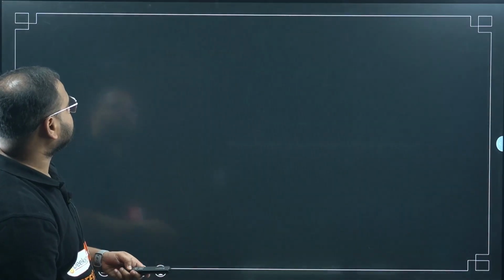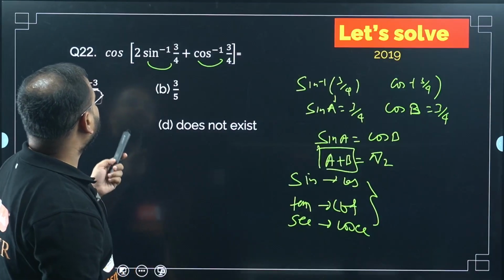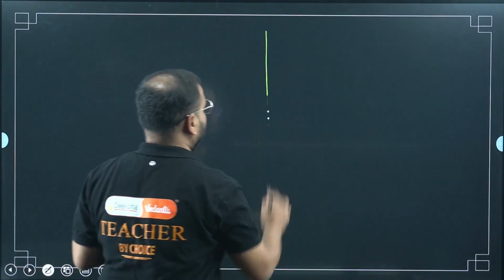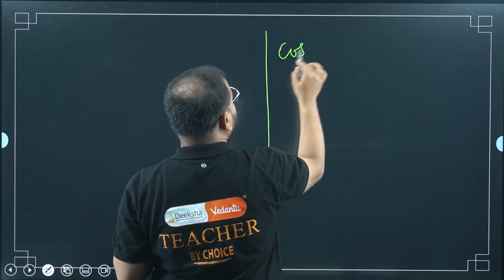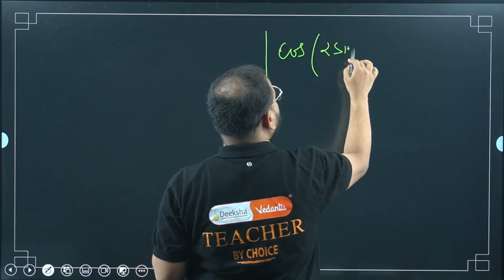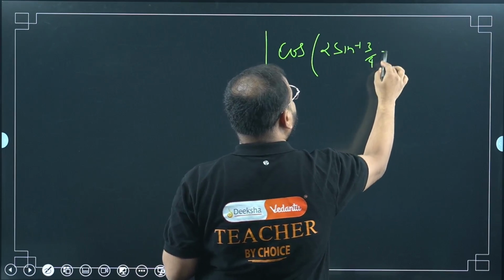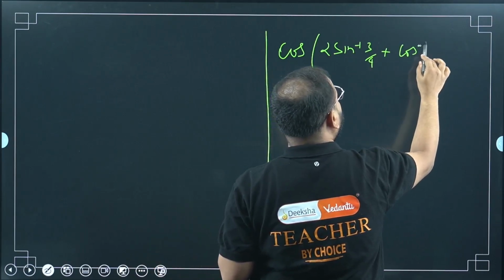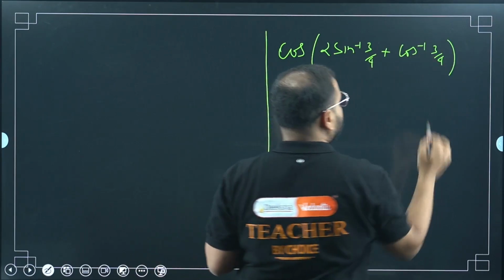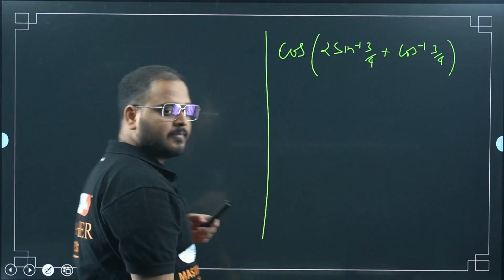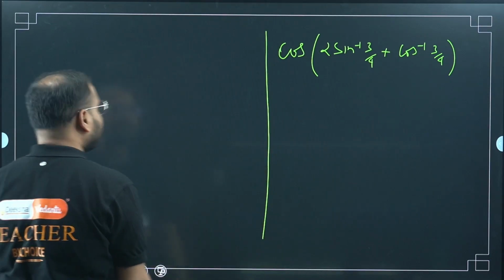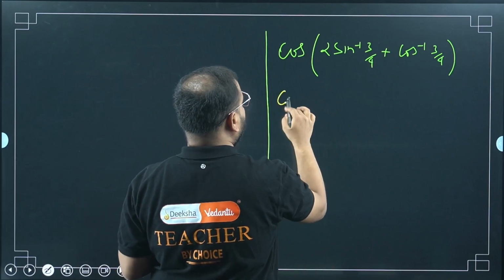Alright, so let's solve this question now quickly. What it says: cos of 2 sin inverse of 3 by 4 plus cos inverse of 3 by 4. Let's check. I can split this as 1 and 1.